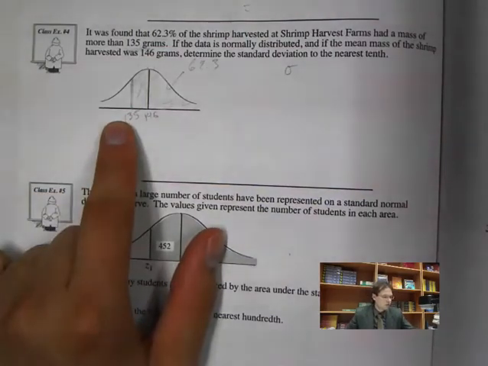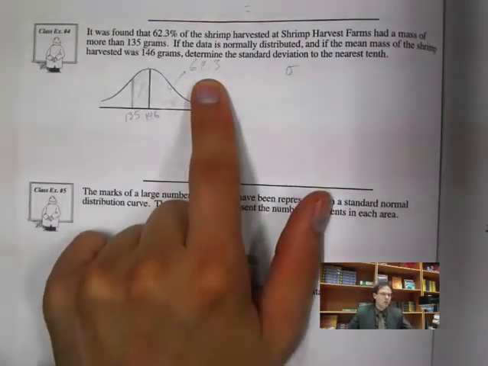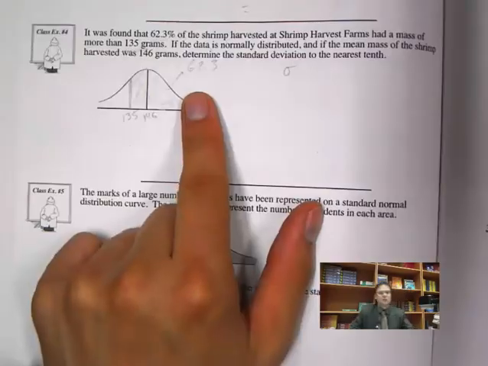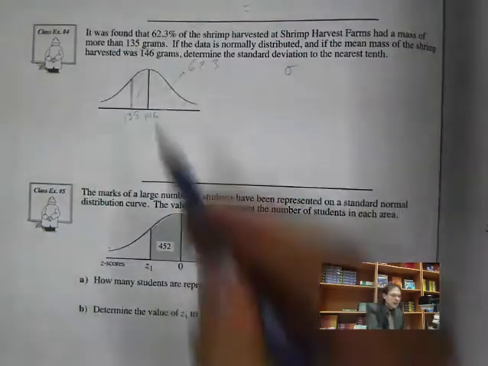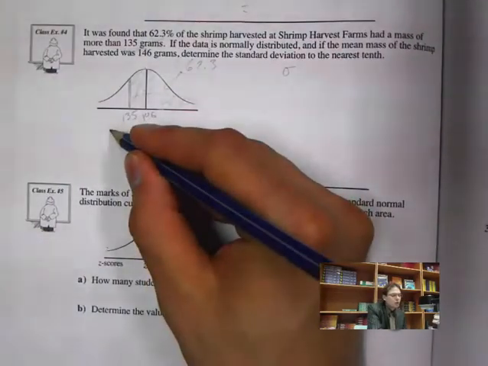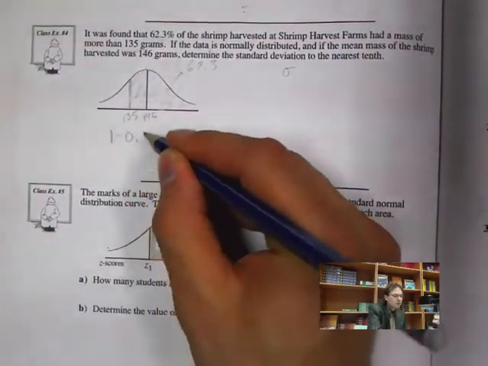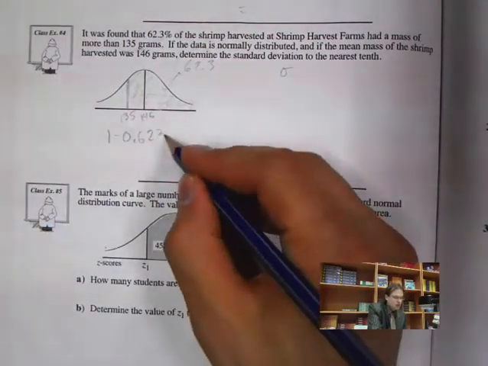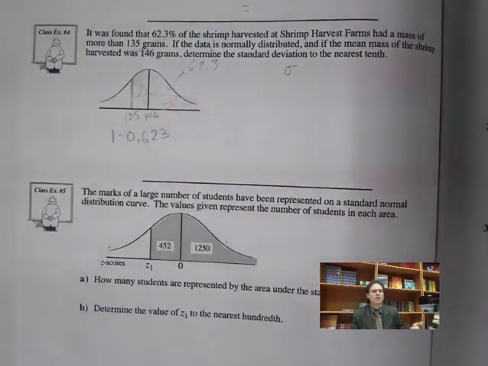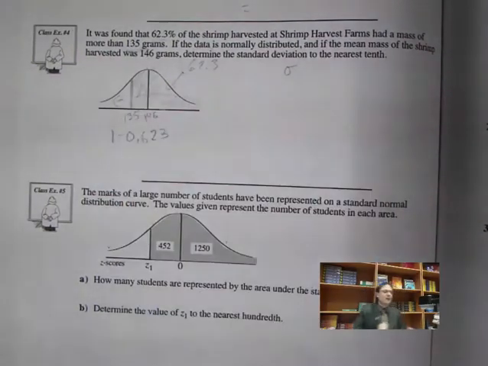Well, how do I do that? Let's look at what we know. Do we know the z-score? No. We know percent. We have to find the z-score. But which side is it on? It's on this side. We want to be on this side. So I'm going to go 1 minus 0.623, and that will give me my area under the curve I want, because we always want everything that way.